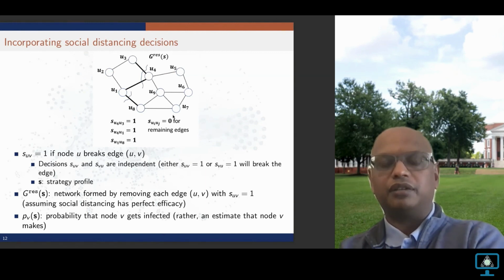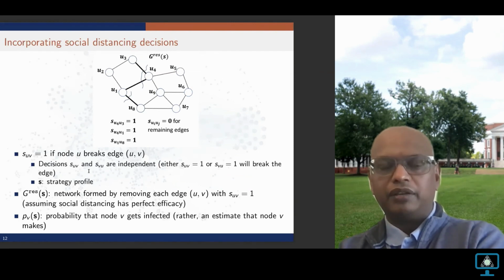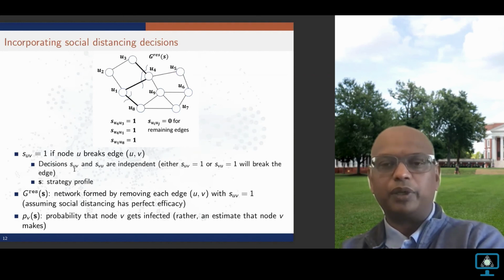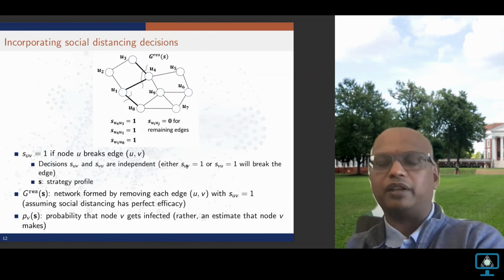And S_UI,UJ for remaining edges is 0. So the residual graph would be obtained by breaking those edges. An edge has 2 endpoints, and either endpoint could break that edge. The decisions S_UV and S_VU are independent, and either one would result in the edge breaking, but it's not necessary. In a Nash equilibrium, for instance, only one of them will choose to break that edge.